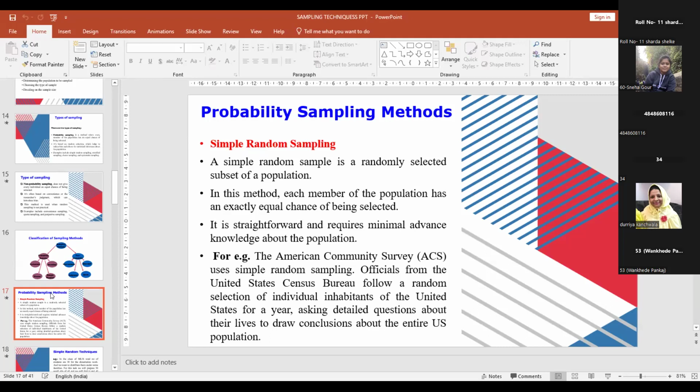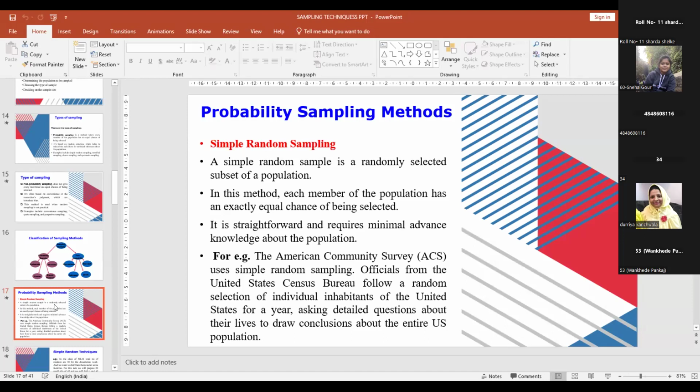For that, the officials follow a random selection of individual inhabitants of the United States for a year, asking detailed questions through questionnaires, and draw conclusions about the entire US population. In simple random sampling, we can use two systems, maybe the lottery system or the grid system.